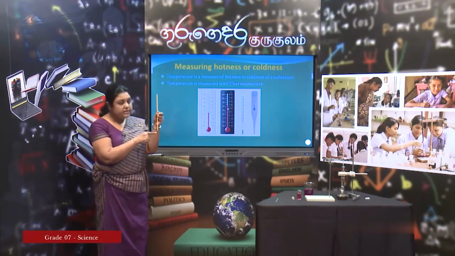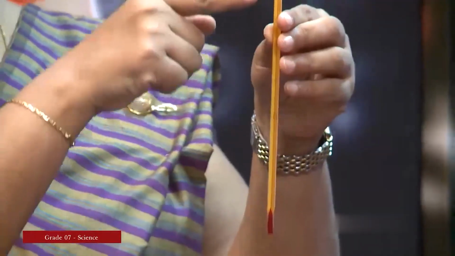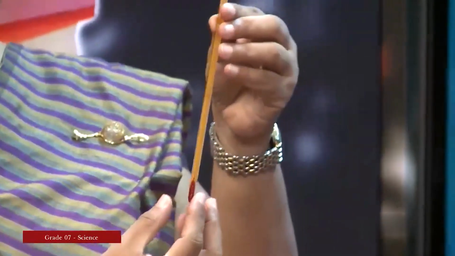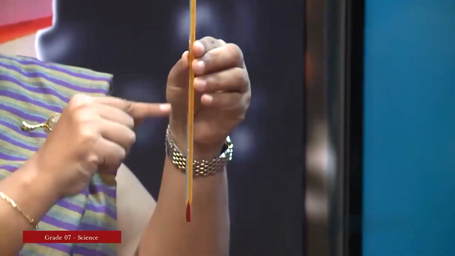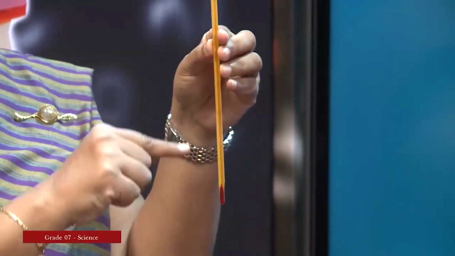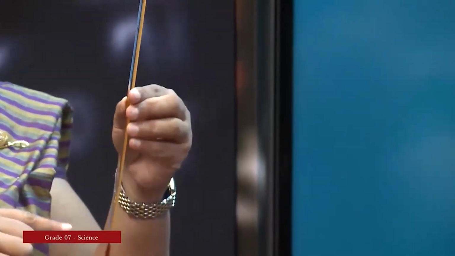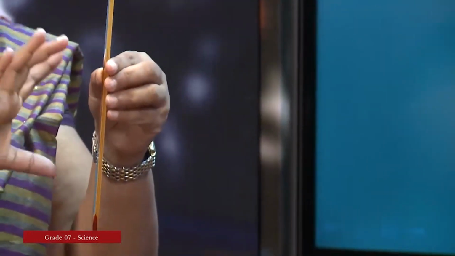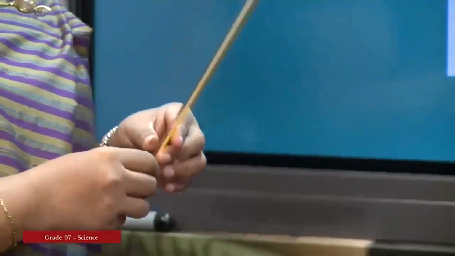You can see there is red color here and it is calibrated this way. The red color is used to see it properly, so we use red color in alcohol. The range here is different from the mercury thermometer.